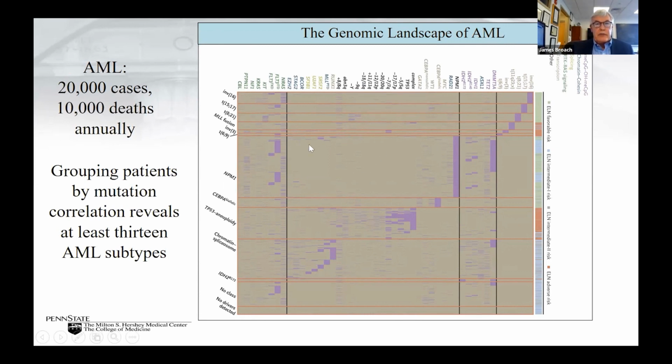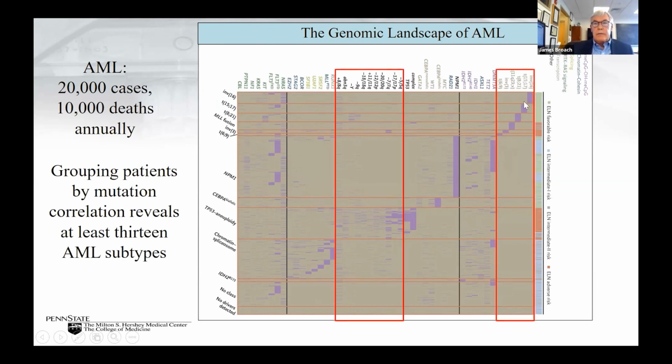In this study from 2016, showing the results of 1,500 patients, each one of these horizontal lines is one patient, and the vertical lines are the genes or structural variations that are found in that particular patient. Using this sort of analysis, there are at least 13 different subtypes that one can identify that characterize different prognosis, based in this case on the European nomenclature, to either high, medium, or low, as you heard before.